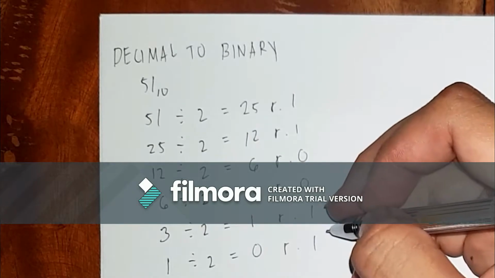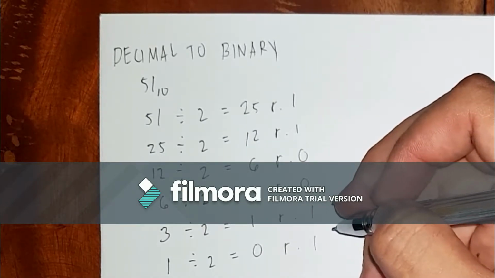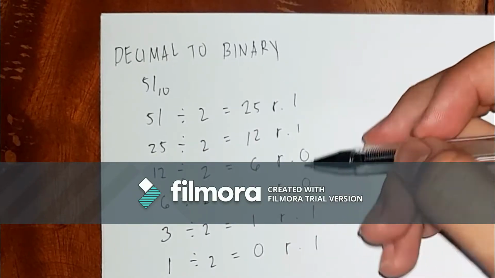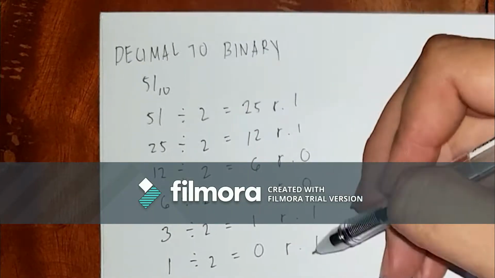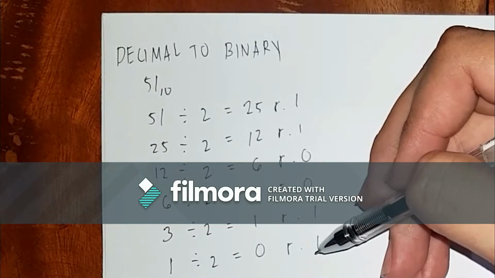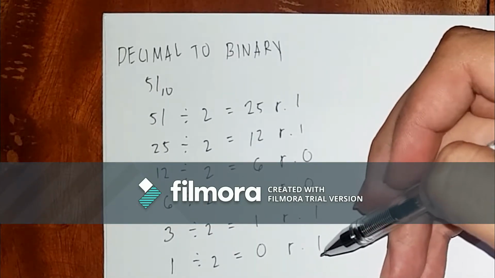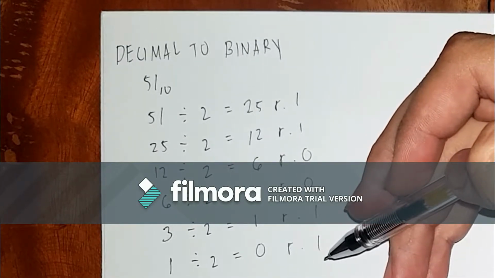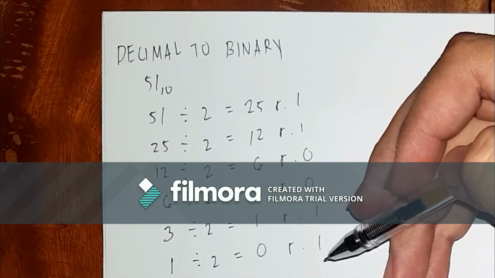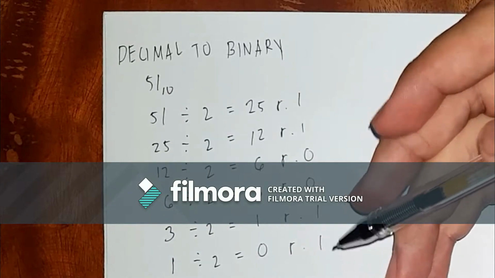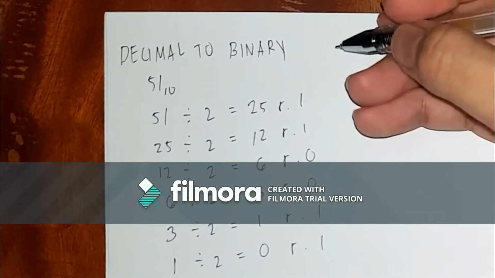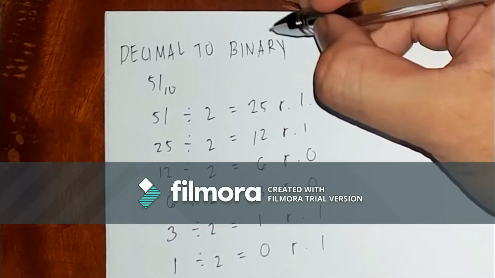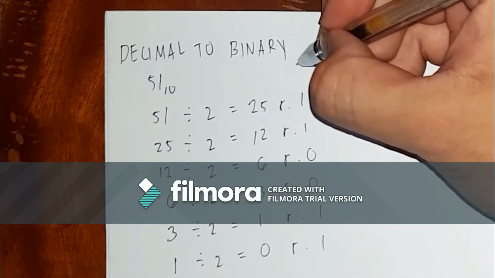Step 4. Write down the remainder for each division operation in sequence from top to bottom. Last step. The top or first remainder should be written first on the right, going to the left up to the bottom, last remainder. So our first remainder is 1, writing from right to left.